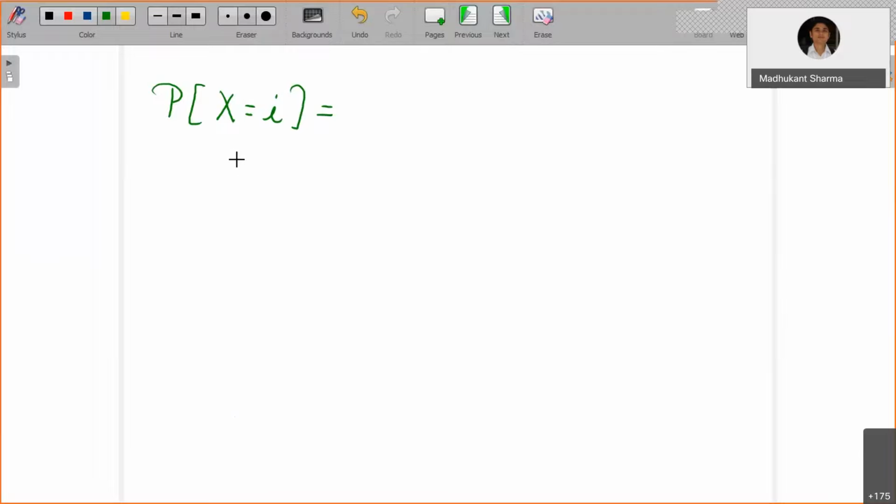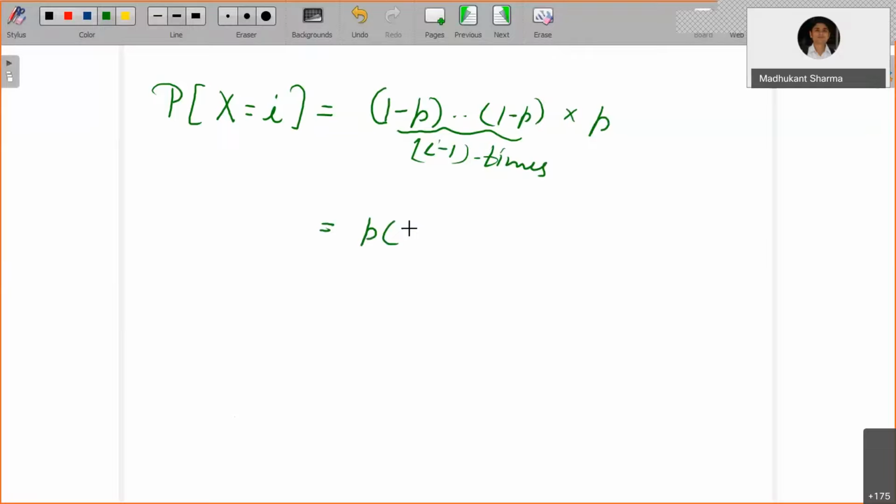The failure has probability 1 minus P, and since all are independent, it is 1 minus P into 1 minus P and so on, i minus 1 times, then the probability of success, that is P. So that's P times 1 minus P to the power i minus 1, for i equals 1, 2, 3, and so on.